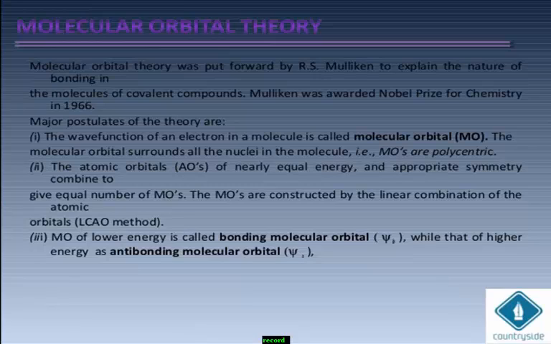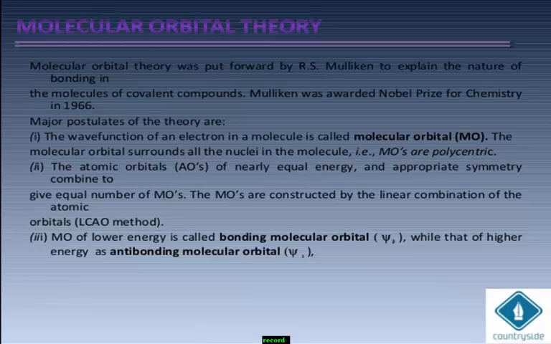Students, remember, according to molecular orbital theory, when two atomic orbitals are combined, they form molecular orbitals. In that there are two types. One is bonding molecular orbital, simply written as BMO, and another one is anti-bonding molecular orbital, that is ABMO. BMO has lower energy, and ABMO has higher energy.